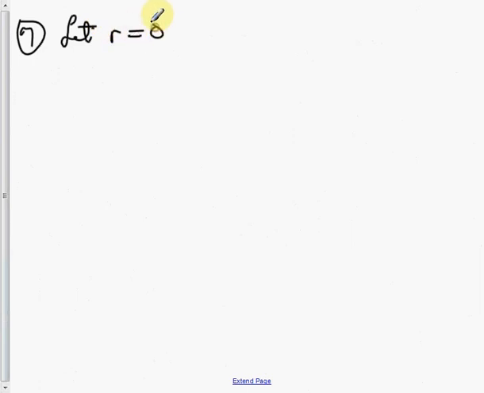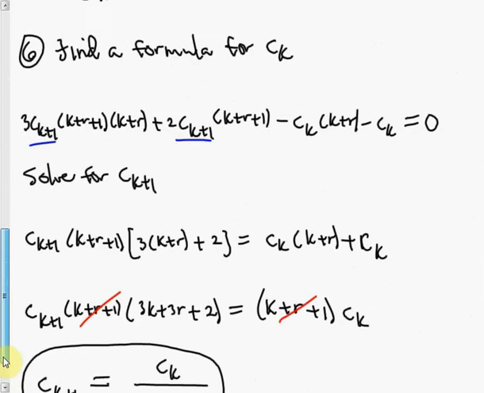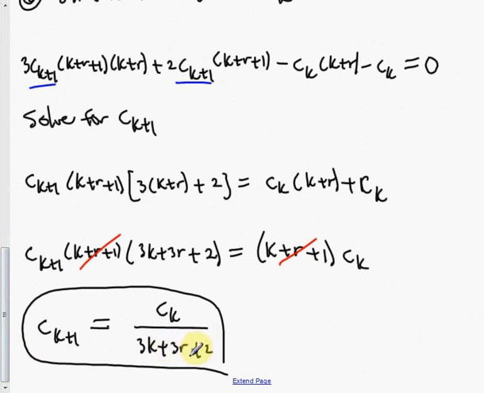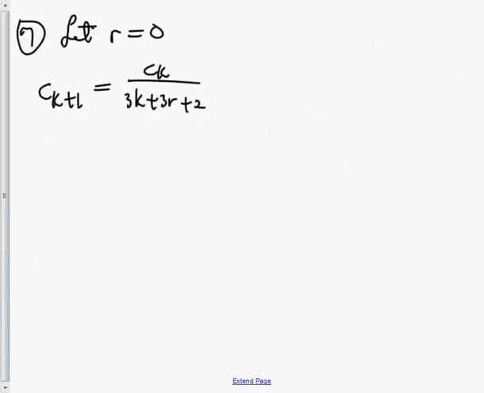Let r equal 0. So we got this formula, c sub k plus 1 is equal to c sub k all over 3k plus 3r plus 2, yep. Here you let r equal 0, so this implies that c sub k plus 1 is equal to c sub k all over 3k plus 2.